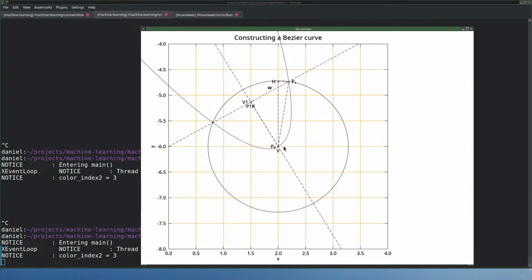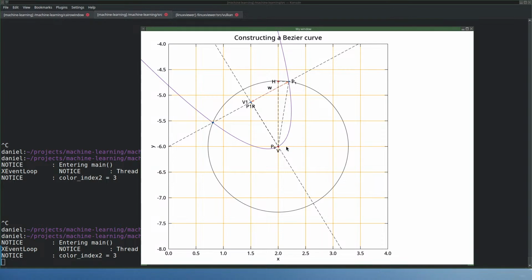So you have a P0 and a P1, and at t equals 0 it's going to be here, and t equals 1 is going to be there. So hey, that looks like a Bezier curve, right? But then what is it going to do in the middle when t is between 0 and 1? That depends on other parameters.